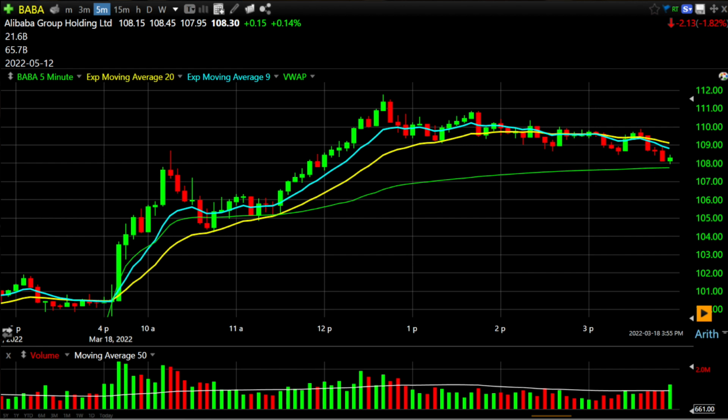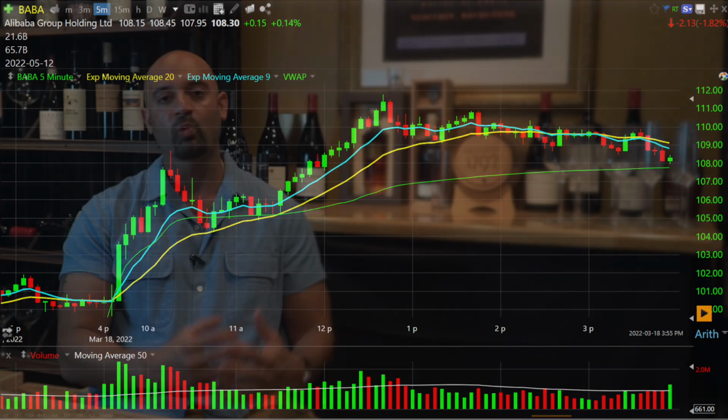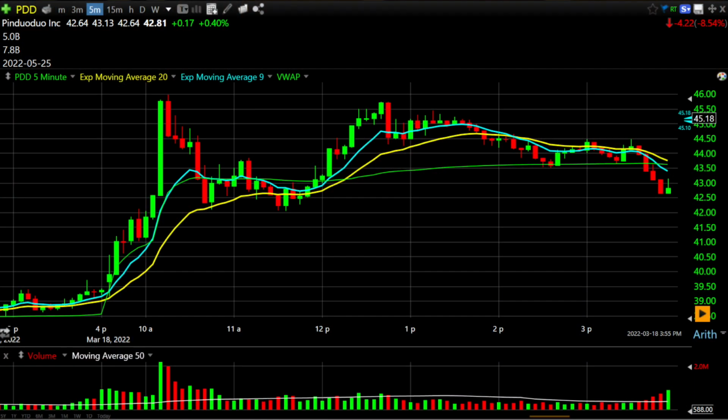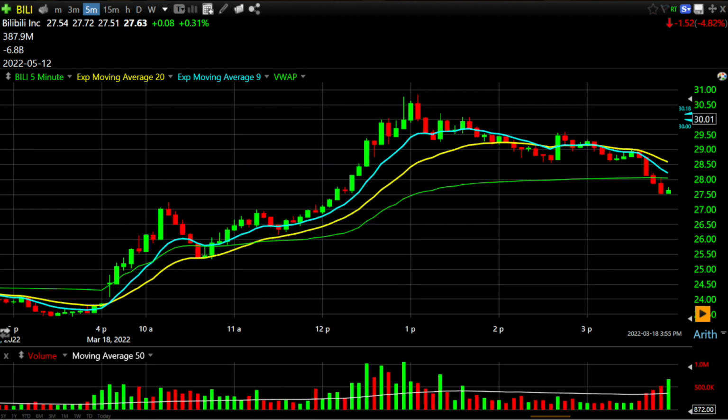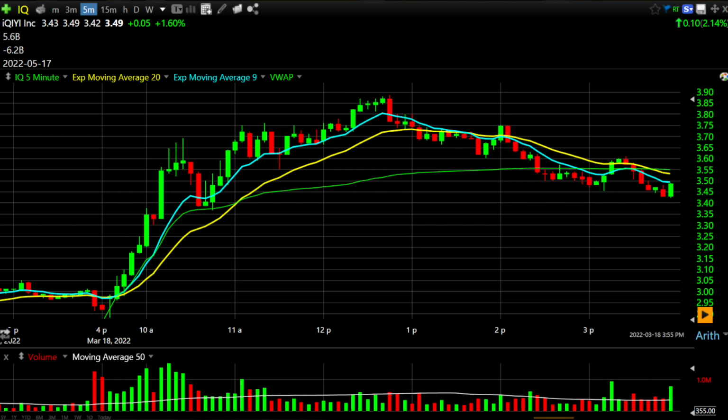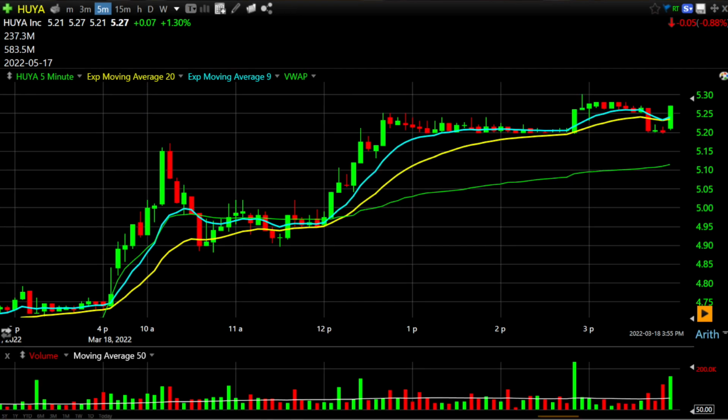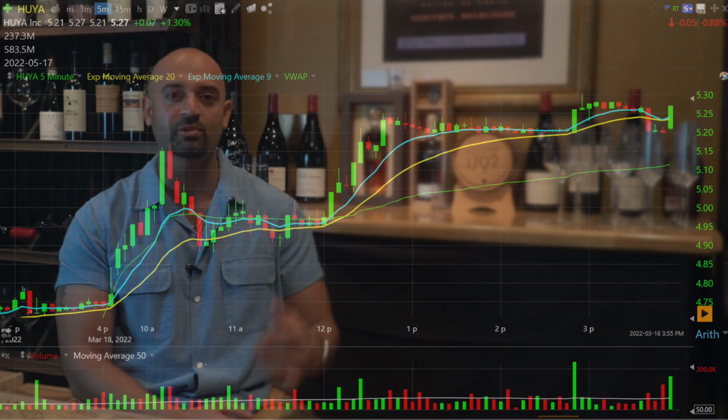Stocks that have some type of PR news out work much better than your regular old technical analysis play, because they have some type of fundamental driving them. So you add in BABA, PDD, Billy, IQ, Huya. This is a sector of stocks that had some news out, and the volume was really pouring into them. And because the charts were so beat up, you had the opportunity for some really powerful moves.